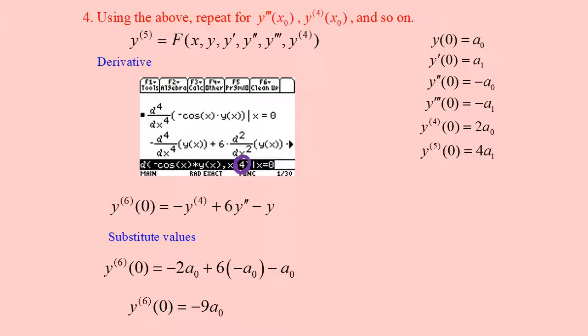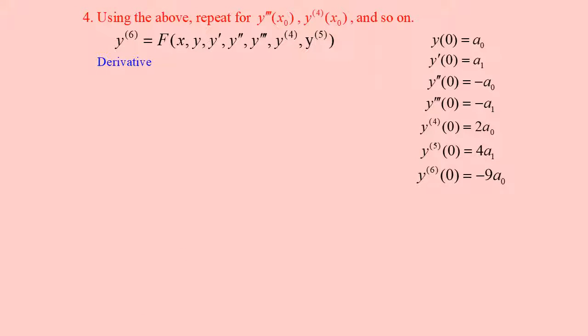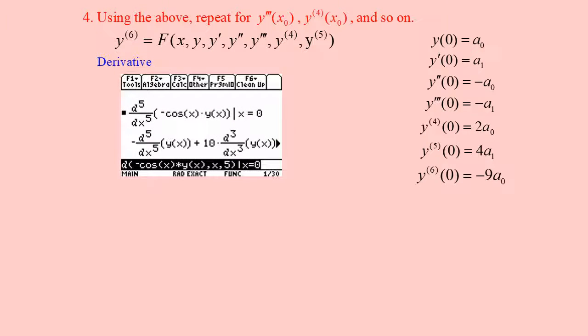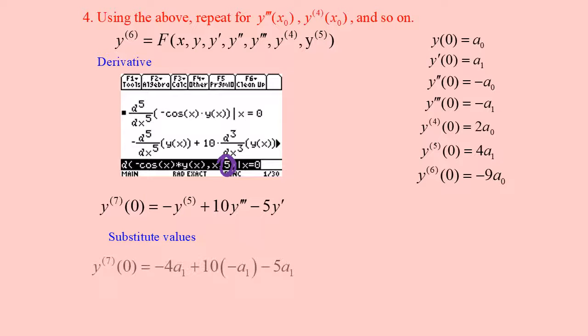Add that to our list. And again, if we take our Ch30, where we had a 4 in the previous problem, we change that to a 5, press enter, and we've got our next answer. And we'll add that to our list.